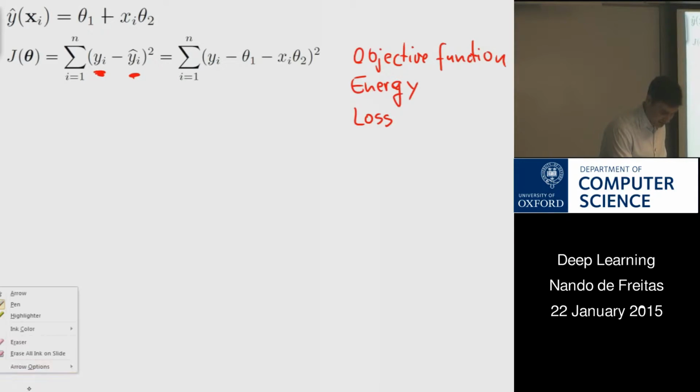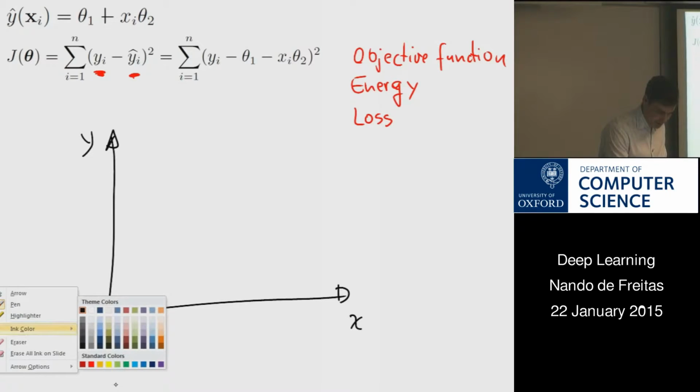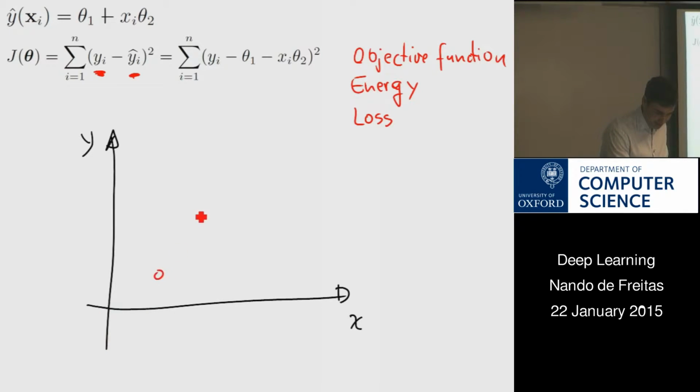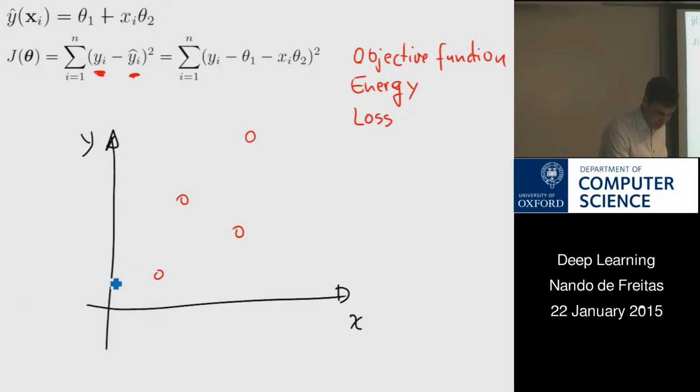But basically, graphically, what we're doing here is we have a function with x-axis x and with the height of the y's, and we're given some data points, and what we are doing is we're fitting a line to these data points.